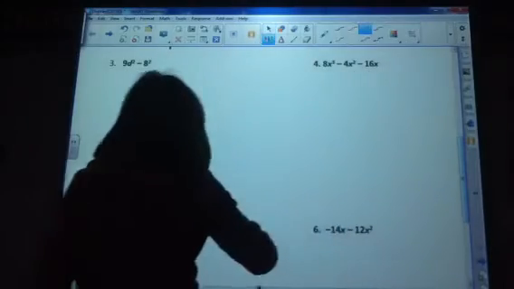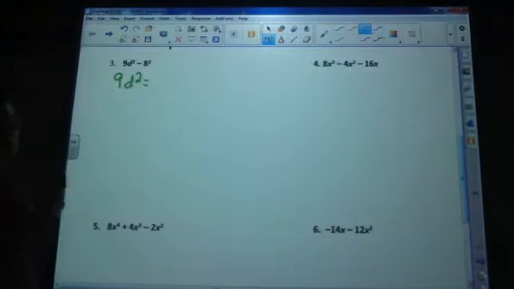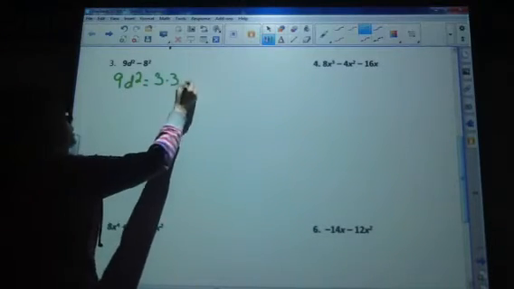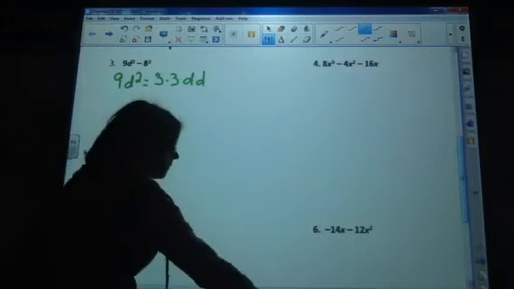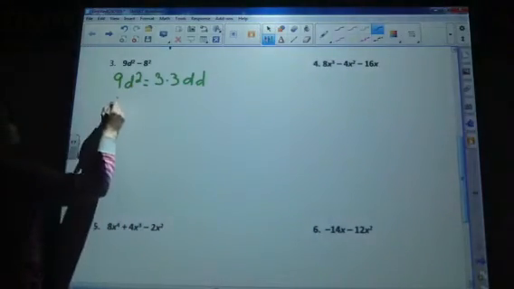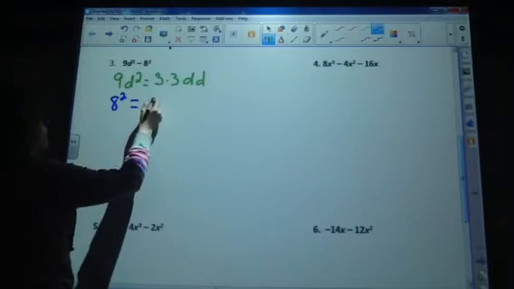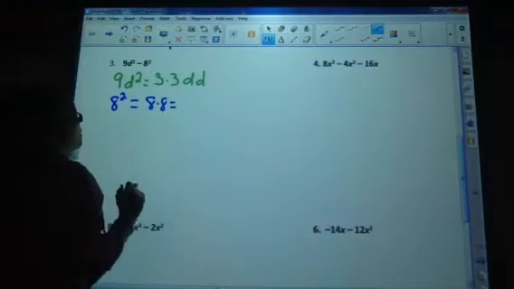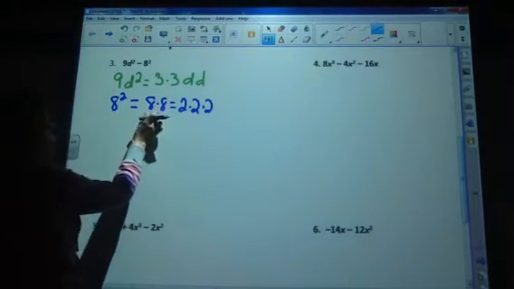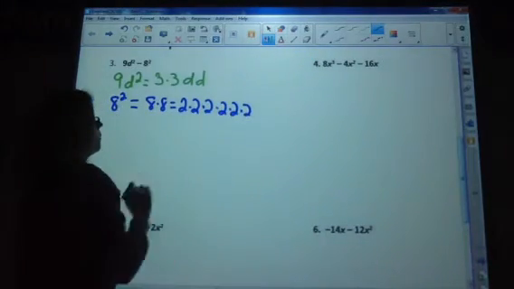Okay, we're going to do it again. We have 9d squared. So our factors for 9 are 3 times 3. Our factors for d squared are d times d. And then we have 8h squared. Our factors for 8 are 2 times 2 times 2, and the same for the second 8.